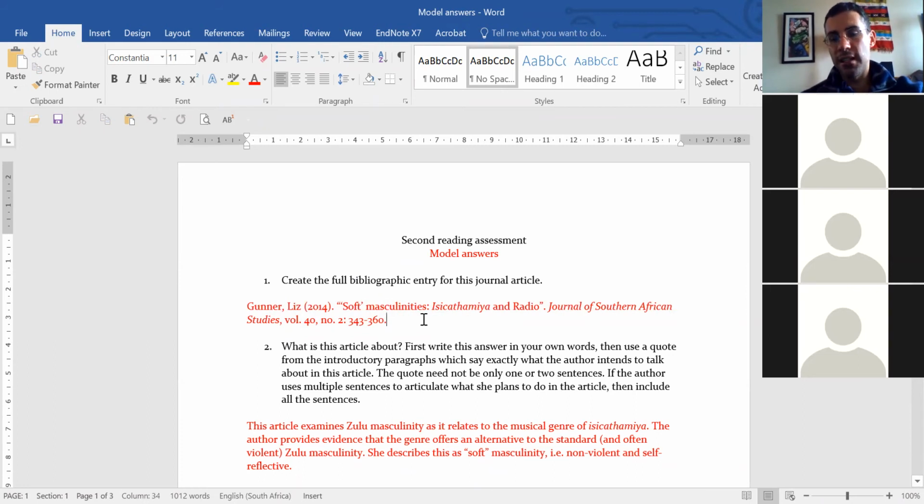Many of you are getting this kind of thing incorrect. So the first clue that we have is that this is a journal article. A journal article has a very specific way of being put into a bibliography. Okay. It starts, like all bibliographical entries, with the person's name.